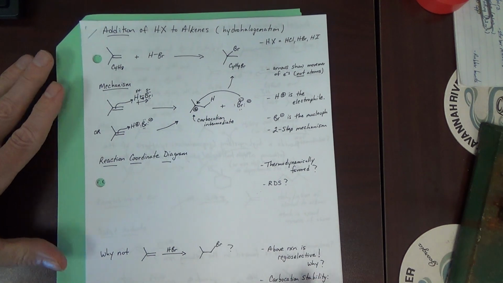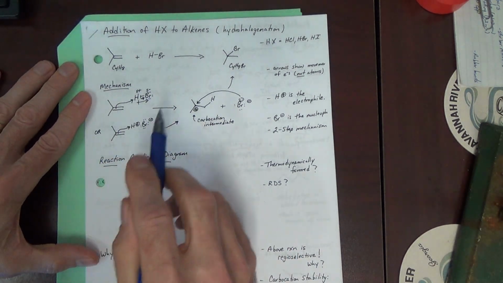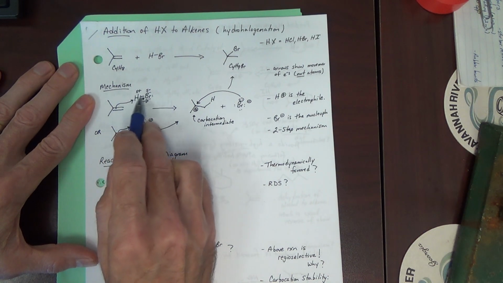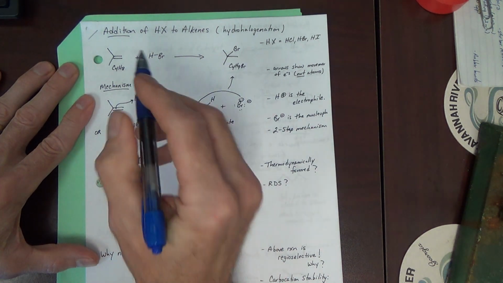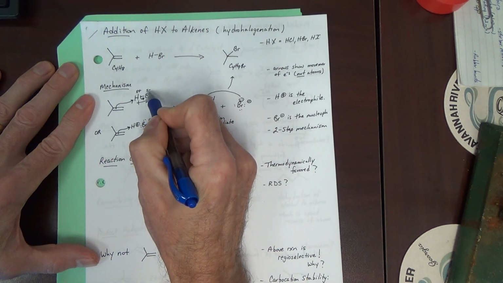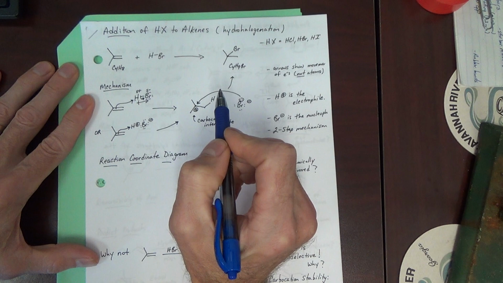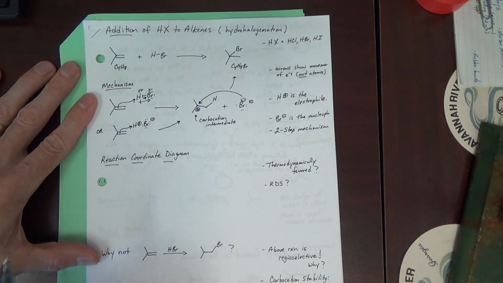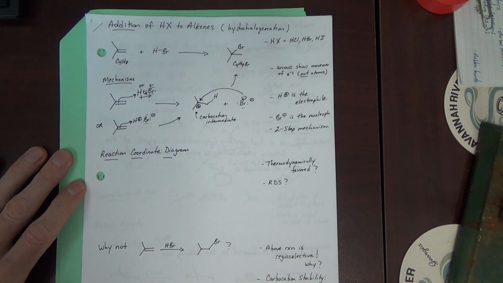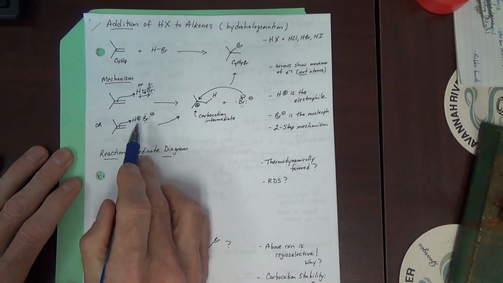Okay, why do these react? Well, HBr is polar. We can show it covalent as shown here. If we show it covalent, the H has a partial plus charge and the Br partial minus. Now we could also show the HBr as ionic. For example, if it's in a polar solvent, it's going to be ionized.